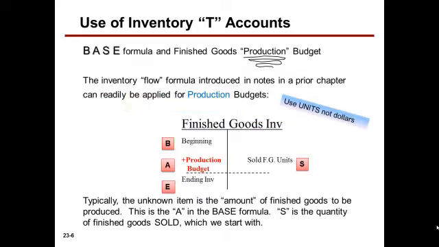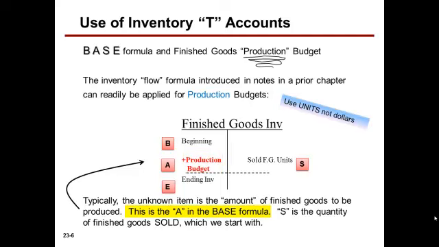So focusing on the manufacturing production budget first, we can use the base formula, and we're going to use units and not dollars. So we're concerned with the finished goods inventory account and what we need to add to that, in other words, produce to satisfy our sales forecast.